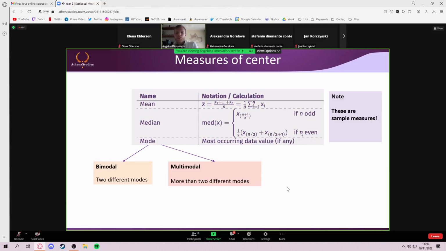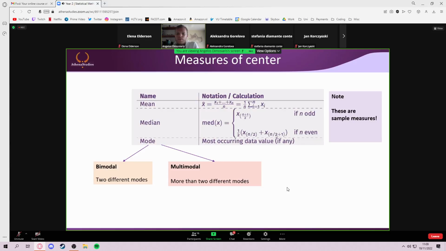And if your sample size is even, then you use this formula here. It's the half of the participants, let's say we have 10 participants, right? So N is 10. It's the X of 10 divided by 2, that's 5, right?